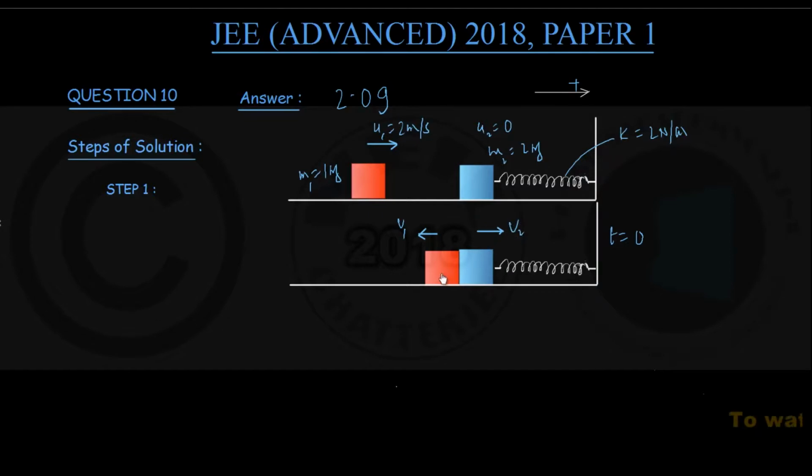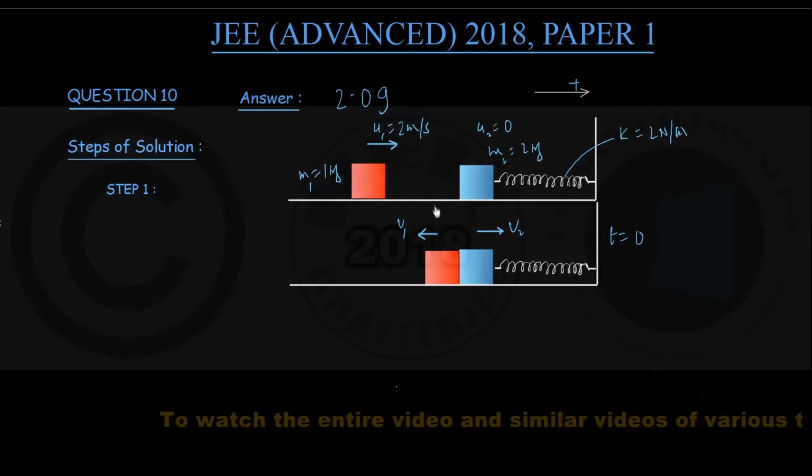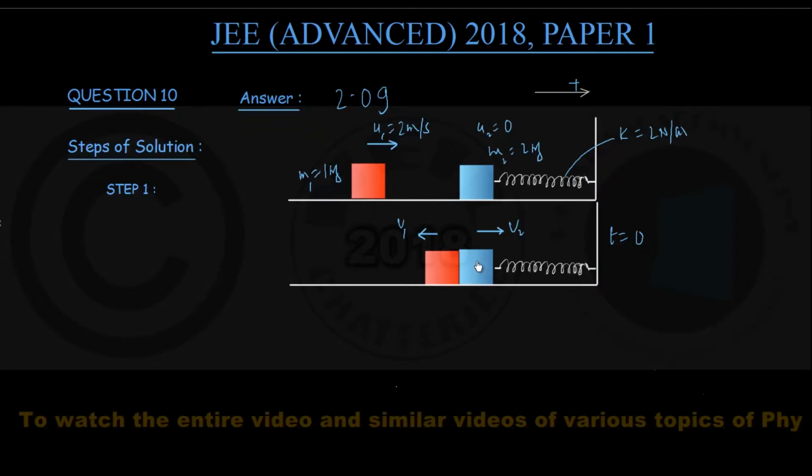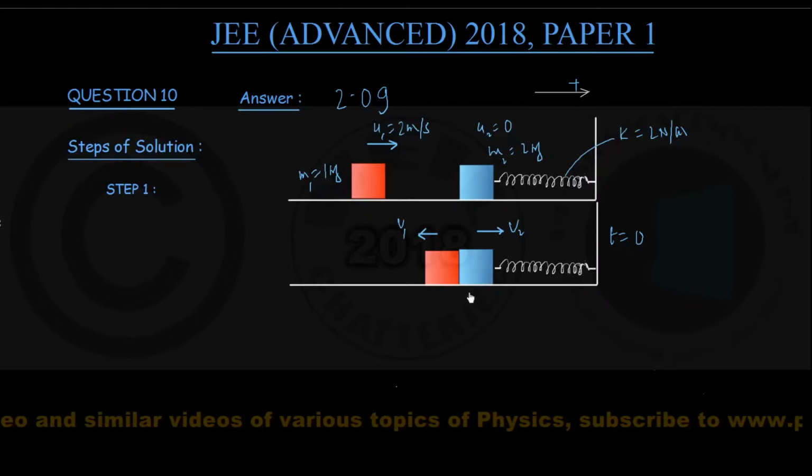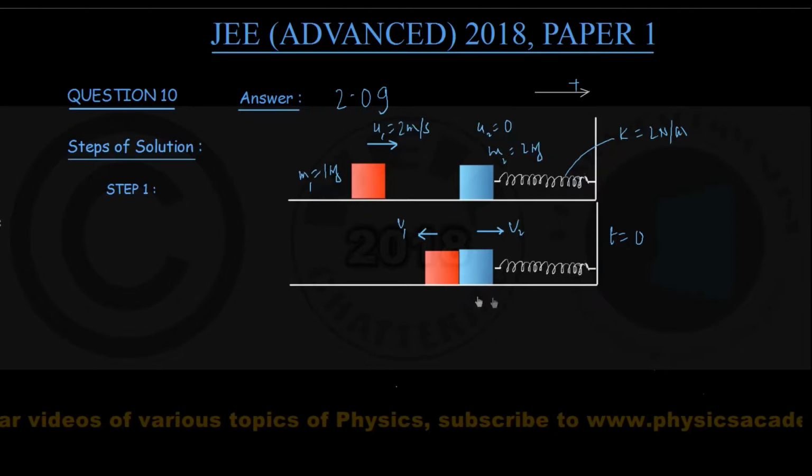But while block number 1 keeps traveling to the left in a straight line with the same velocity v1, because the floor is frictionless, the block 2 attached at the end of the spring performs a to and fro simple harmonic motion. Follow my cursor.